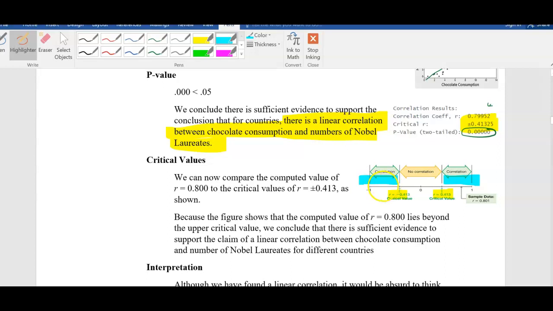So that rejection means, remember the null again is no correlation. So we would reject the null at those, and we would keep the null here. Well, if you look, the R coefficient of 0.7995 is in here.